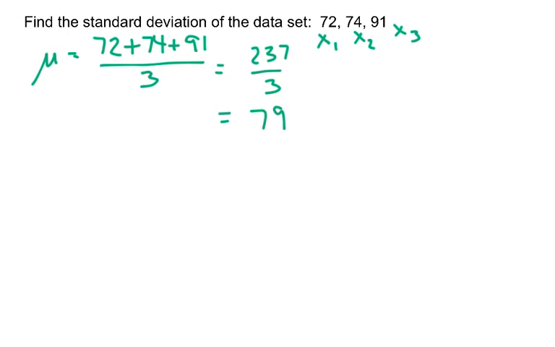So let's see, I know what mu is. I know what x1, x2, and x sub 3 are. And I need the number of data points that I have. Well, that's not hard to find. That's just 3. So let's plug this into our formula and see what it looks like.